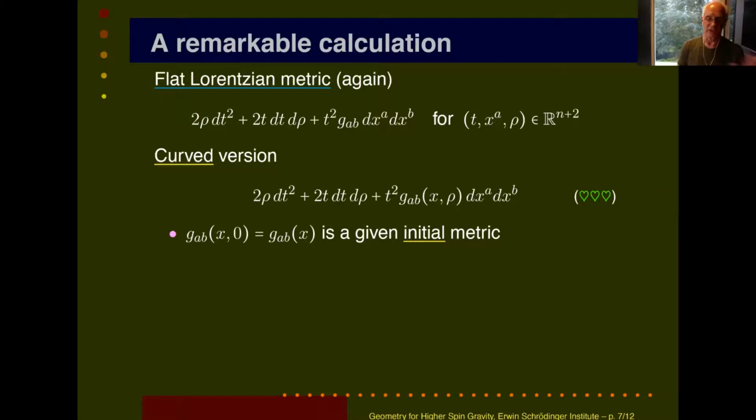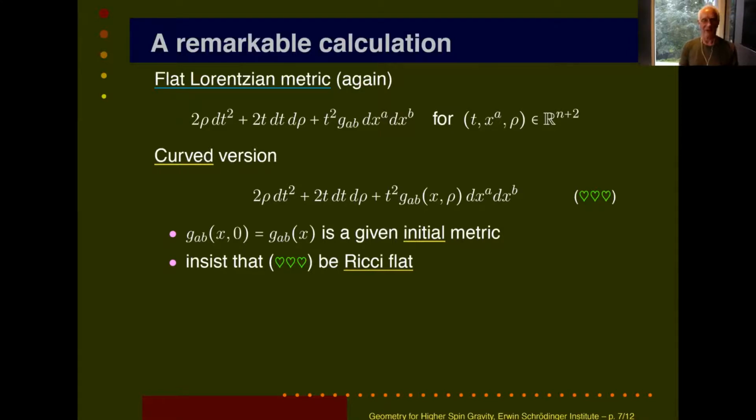Somehow it's degenerate, but you think of it as initial, and you're asking what happens if you let it depend on rho. To model what's happening in the flat case, of course, you cannot ask that this metric be flat without very severely restricting g. But let's ask instead that it be Ricci flat, and see what happens.